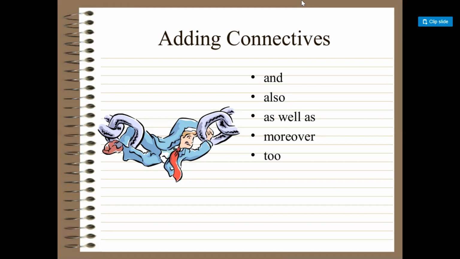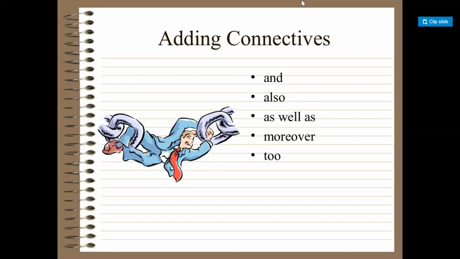For example, air conditioners use a lot of energy. Additionally, they cause pollution. So the additional information is added to a sentence with the help of these connectors.